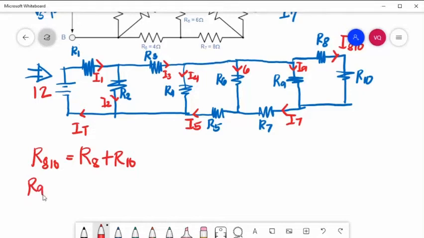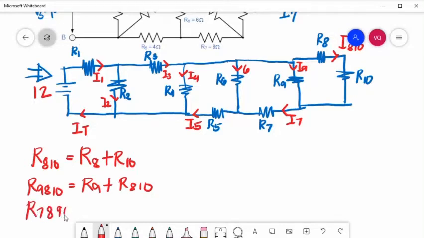So, R9, 810 is equal to R9 plus R810. Next, after paralleling, so R8, 9, 10 is in series with R7.